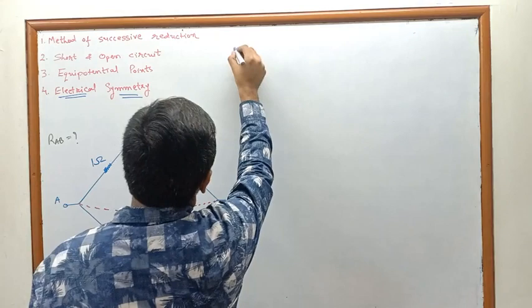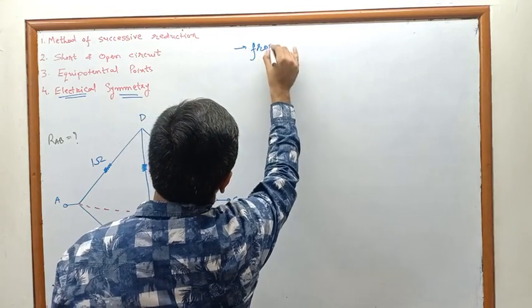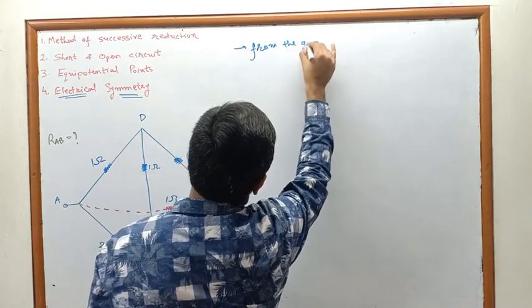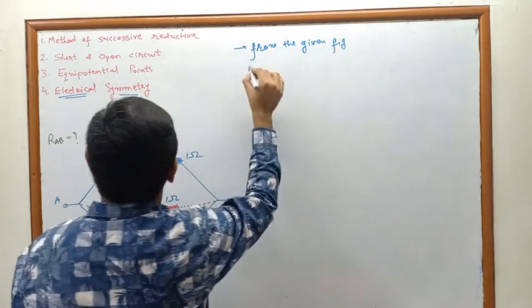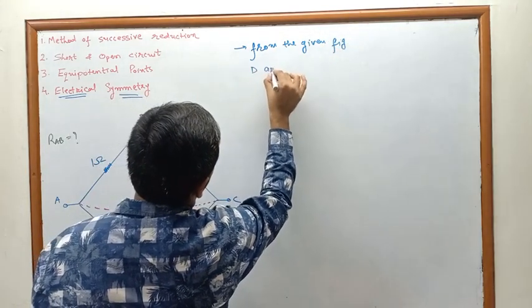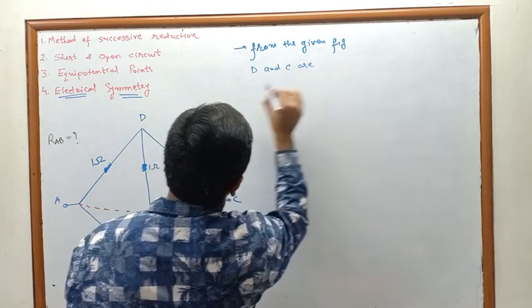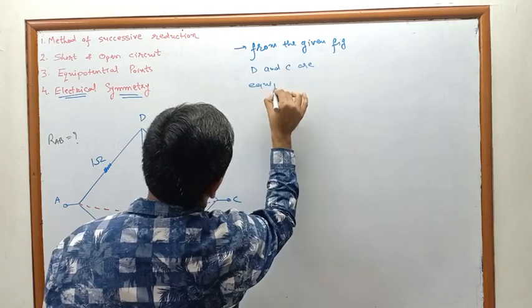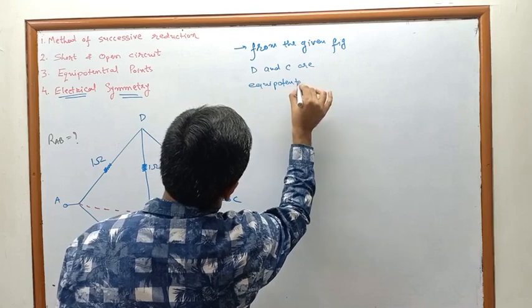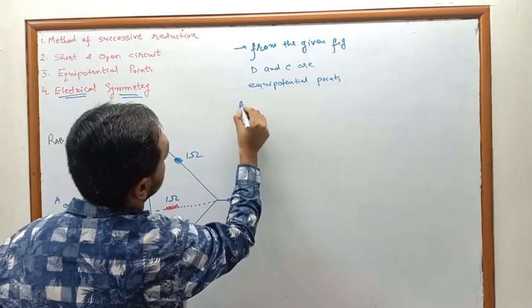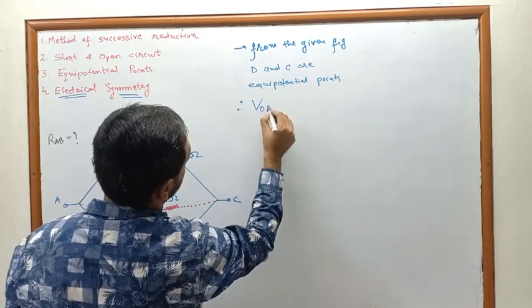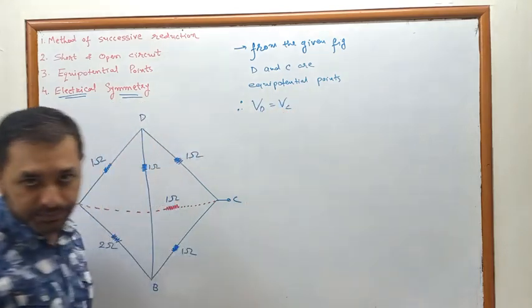So from the given figure, D and C are equipotential points. Therefore, VD is equal to VC.